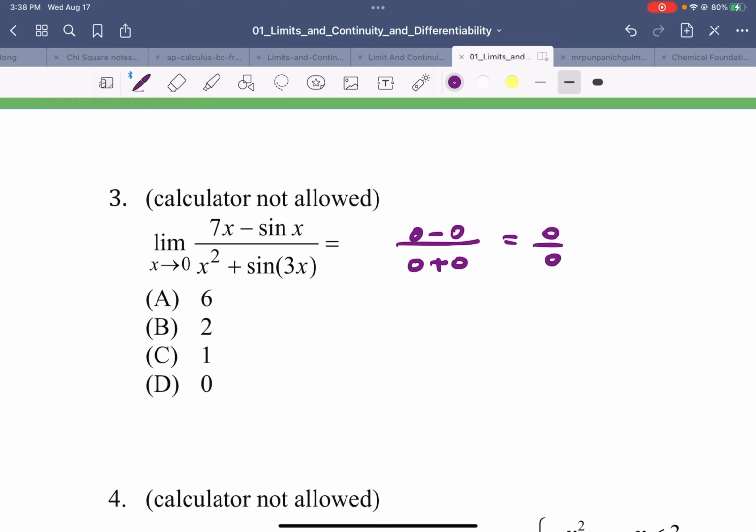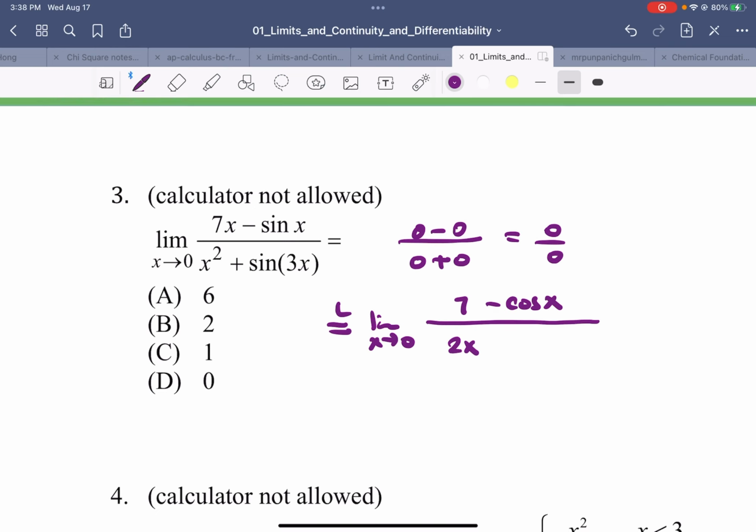For 0 over 0 or infinite over infinite, you can use L'Hopital's rule. So let's apply L'Hopital's rule. Limit as x goes to 0. When you apply L'Hopital's rule, on the numerator, the derivative of 7x is 7, the derivative of sine x is cosine x. Now on the bottom, the derivative of x squared is 2x, and then the derivative of sine 3x is cosine 3x, but with chain rule, times 3.